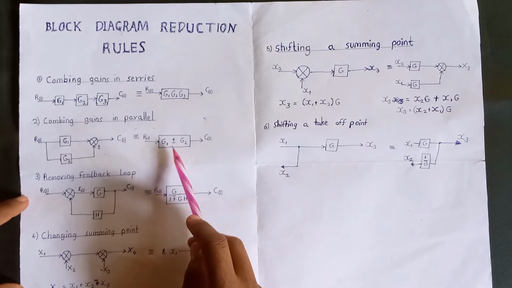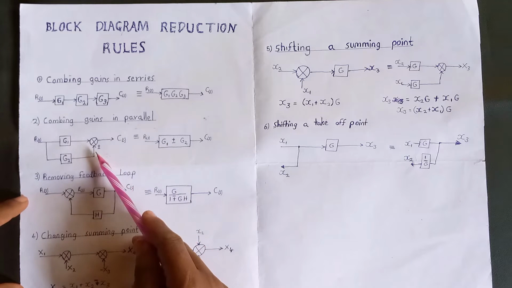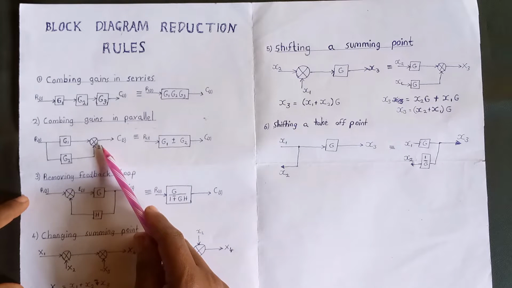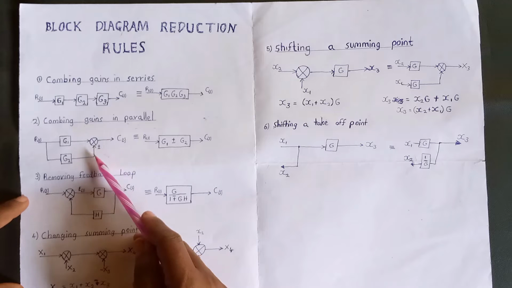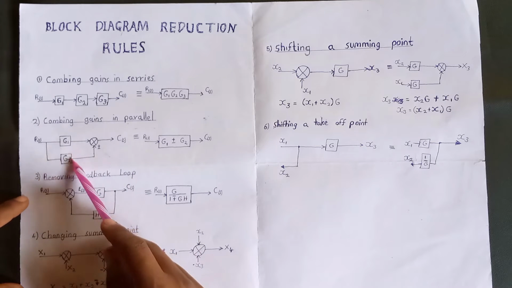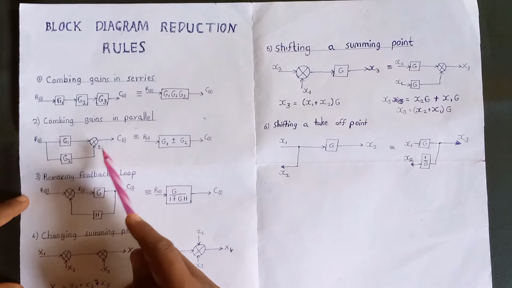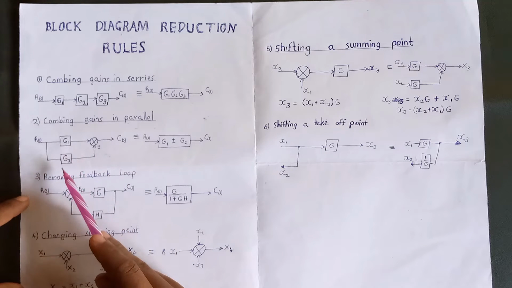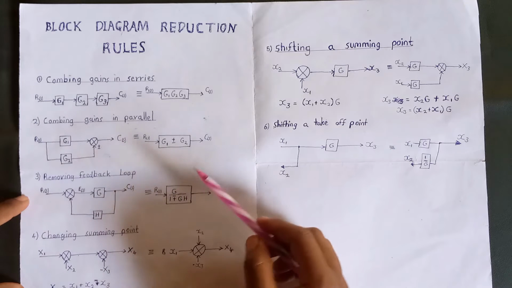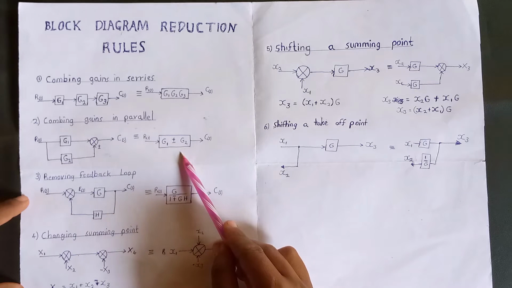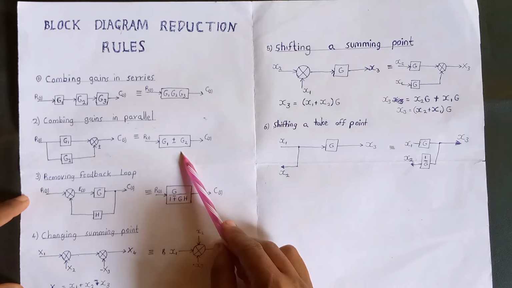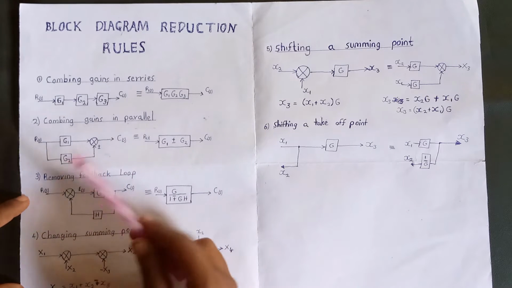Here I've placed plus or minus because the sign here can either be positive or negative. When it is positive, we are going to add G1 plus G2. When it is negative, it will be G1 minus G2. Now we will get this block diagram here. So that is the reduced block diagram of this.